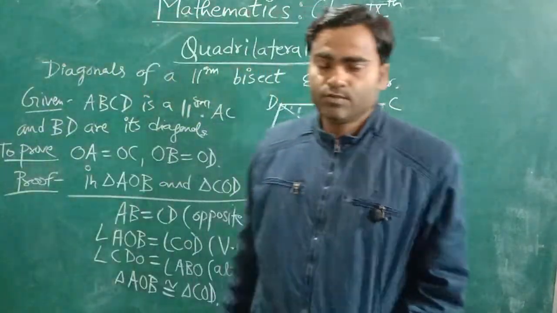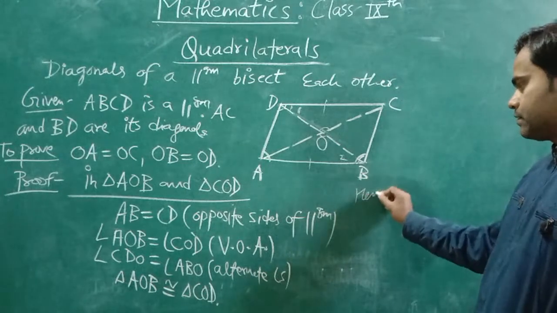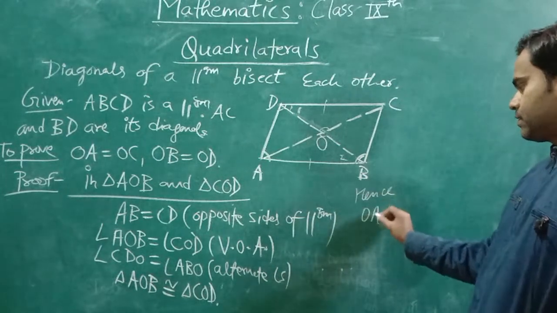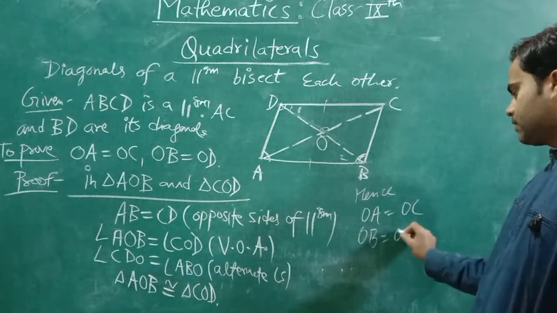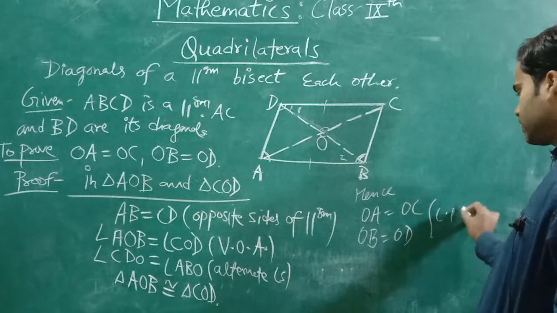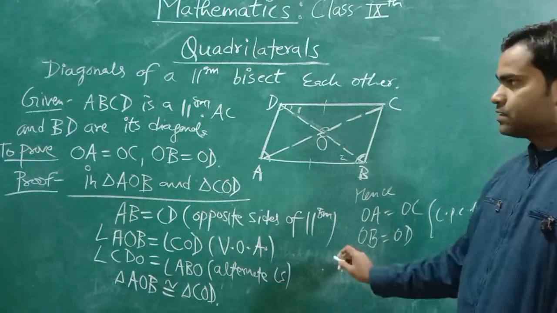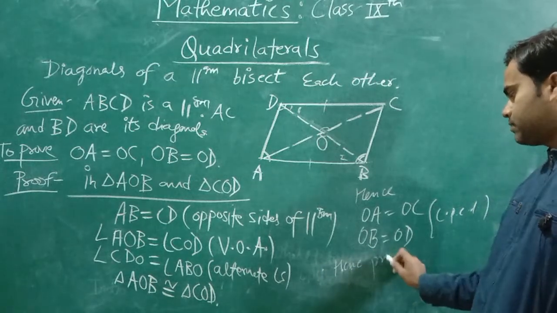After proving these two triangles congruent, we can also write OA is equal to OC and OB is equal to OD by CPCT, corresponding parts of congruent triangles. Hence, diagonals of a parallelogram bisect each other. Proved.